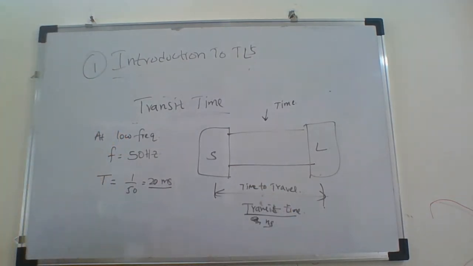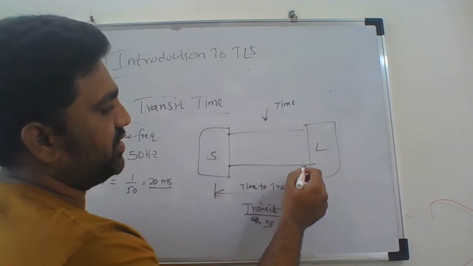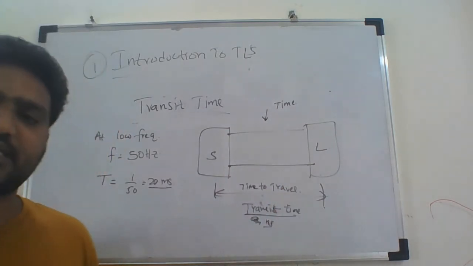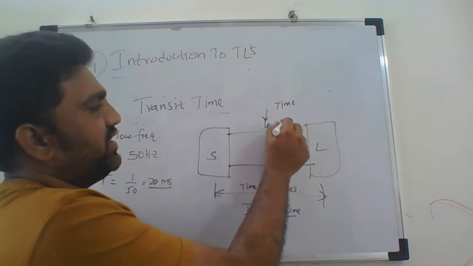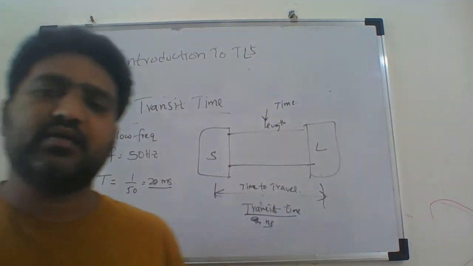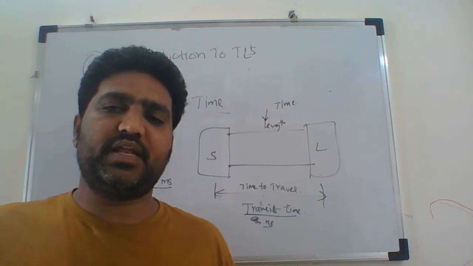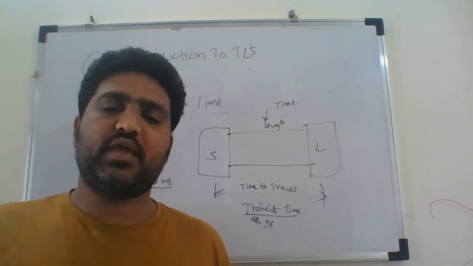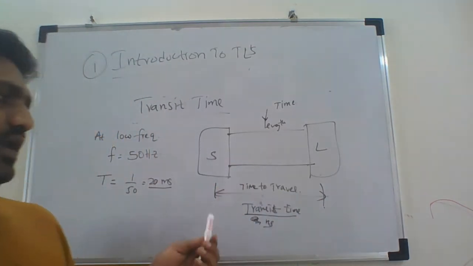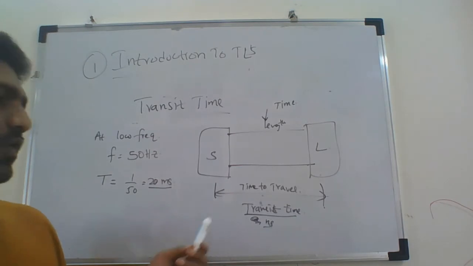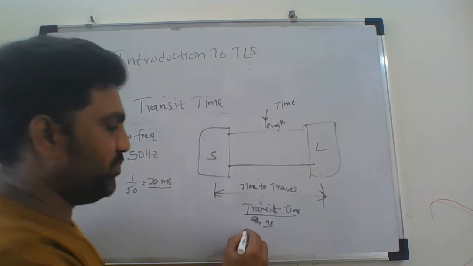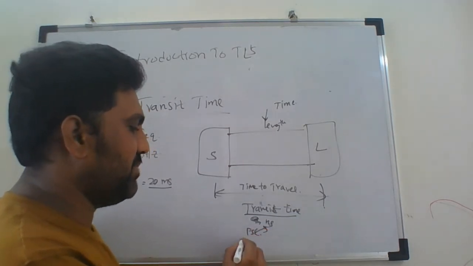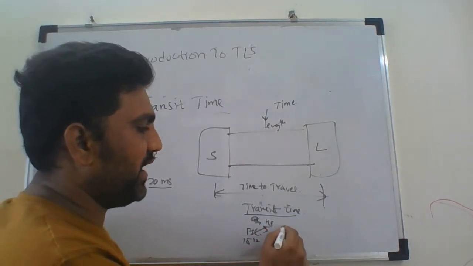If we have comparably small distances, if the length of the cable we are considering is in meters, medium size cables, then the transit time is very small, generally ranging from picoseconds to nanoseconds, 10 power minus 12 to 10 power minus 9.